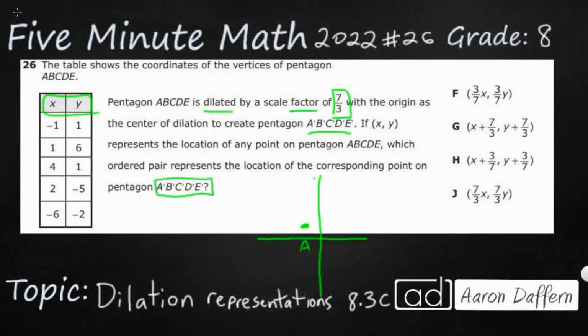Okay, so if we're going to make a scale factor of 7/3, what that means is that we are going to need to increase its size. 7/3 is really just 2 1/3.